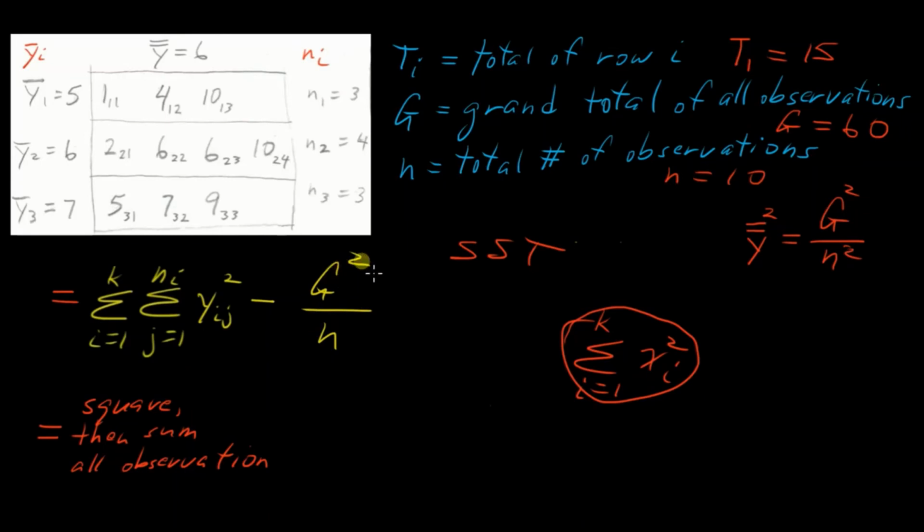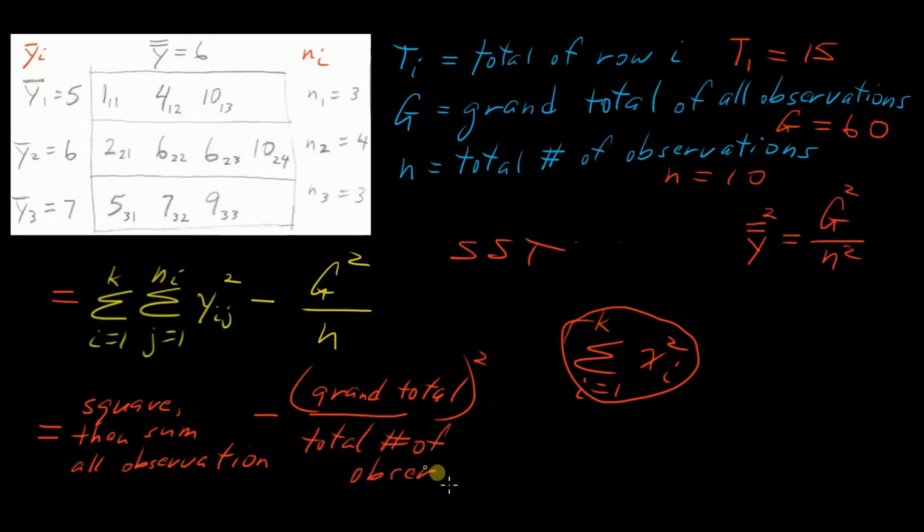And then this thing here is just going to be, you take your grand total and you square it and you divide it by the total number of observations. So that's kind of what I want to do for SST. Regardless of the notation, just think of it more maybe in words.